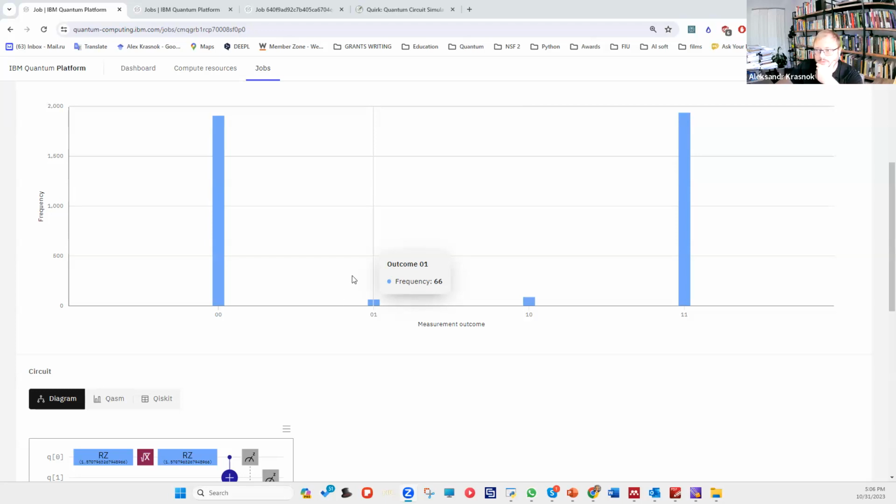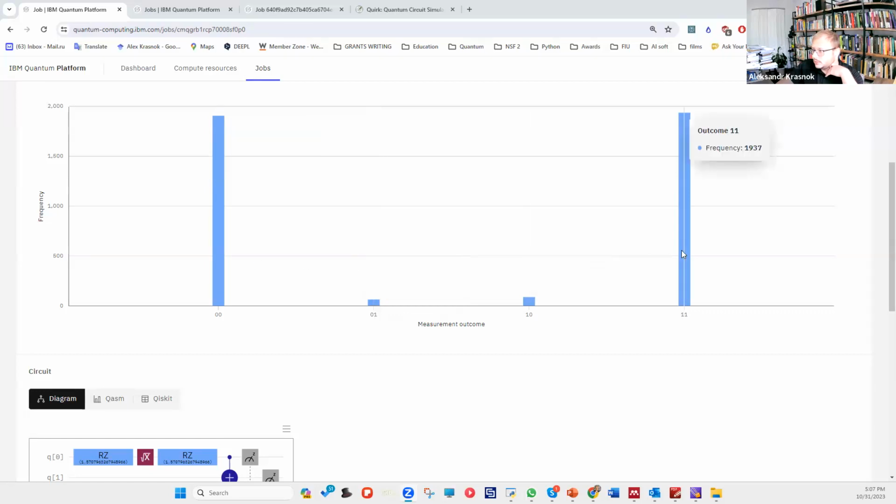Okay, so these extra states come due to the imperfectness of the real parameters of the real quantum computer. Nothing is perfect, and of course a quantum computer is far from being perfect.